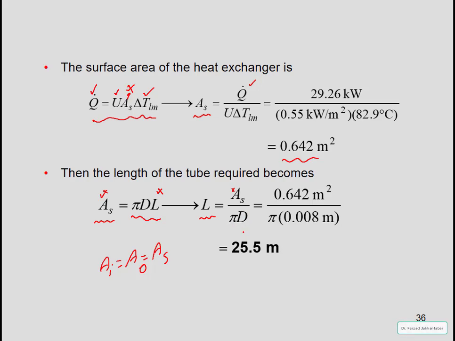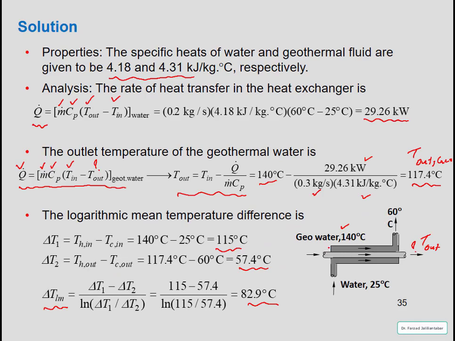And finally, the L, or the length of the tube, will be 25.5 meters. Almost this length of tube is required to reach this heat transfer and to reach this temperature for the water, the cold water actually.